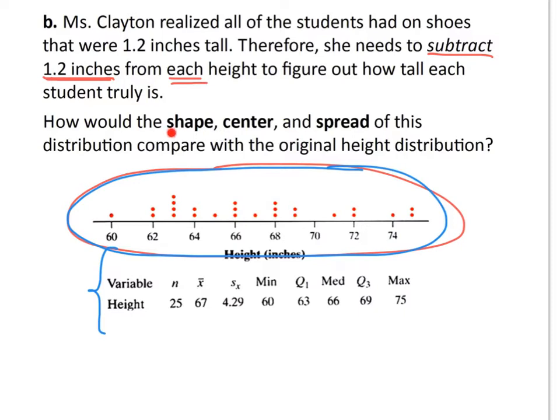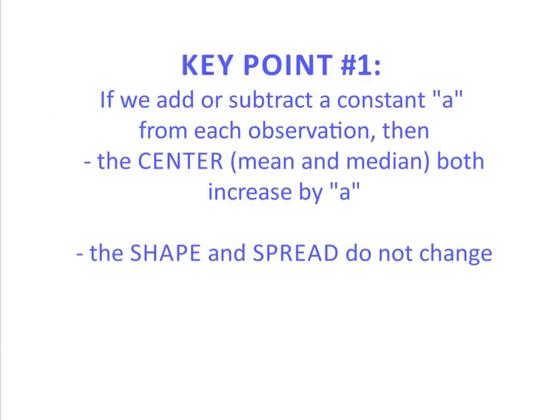Would it change the shape? Would it change the center, so where the graph is centered, if I shifted everything 1.2 down? And how would it change the spread? Would these points become further apart or closer together based on subtracting 1.2 inches? Well, this brings us to key point number 1.